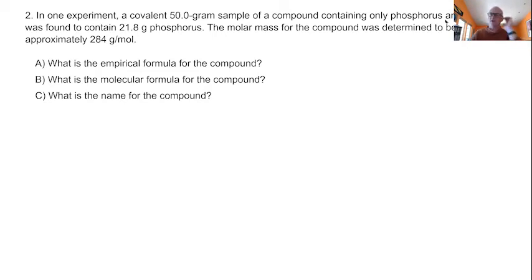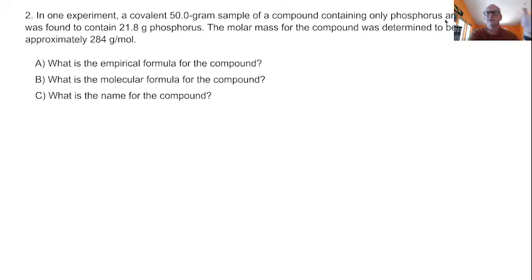what information are we going to use to determine how much phosphorus and how much oxygen is in this compound? Like basically, where do we start with this? Would you divide 21.8 by 50? That'll give us a percentage of phosphorus.